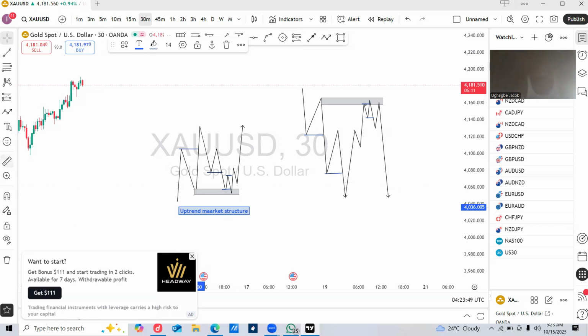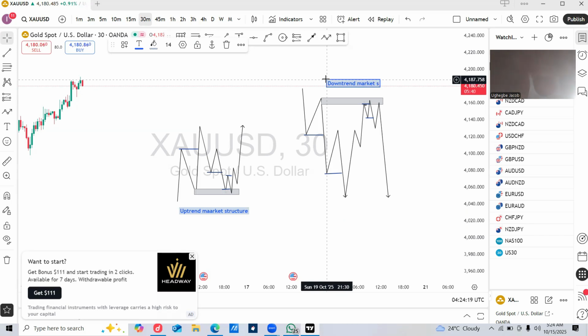Then this one too is a downtrend market structure.